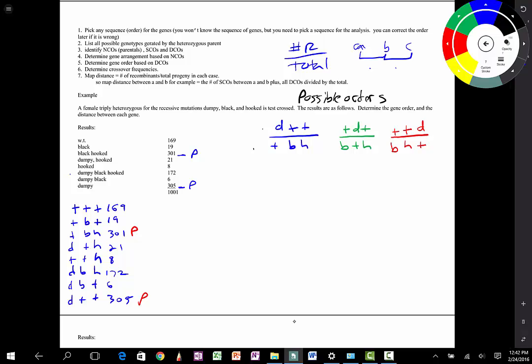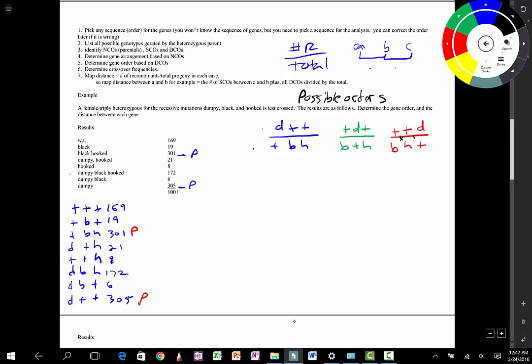Now we want to find which one is in the middle. And so now we can take advantage of that little thing we've seen a couple times, that if you have a double crossover, the gene in the middle seems to sort of switch to the other side. So let's do an example, and we'll start over here on the right side, with this one.